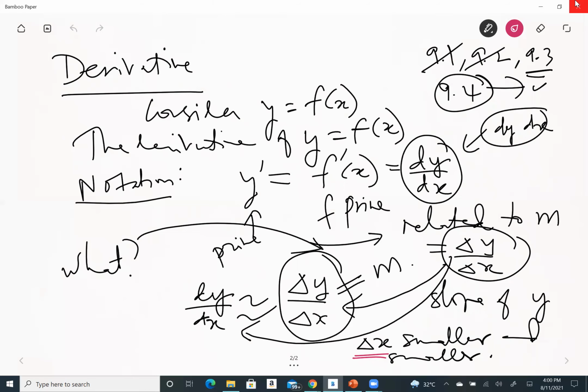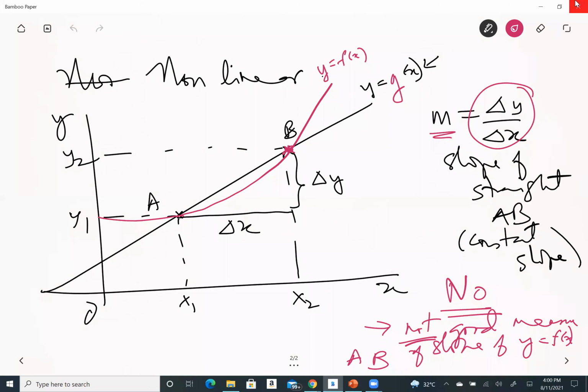When I do that, suppose I make delta x change by only that much, call it x3. So x3 here will correspond to y3. Call it point C. So we make the change smaller. What is delta y? Delta y will be that gap.